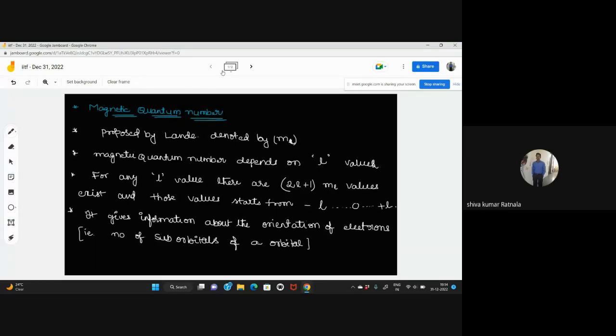If I take 2p, it is going to have 2px, 2py, 2pz like that, and for each one the values are minus 1, plus 1, and 0. Yes, for anything.